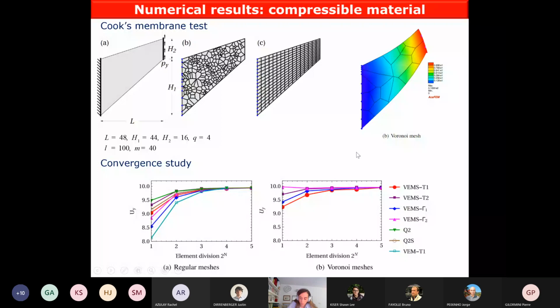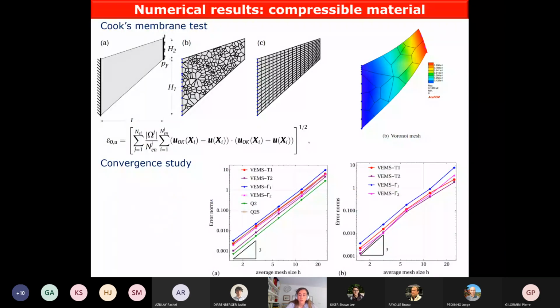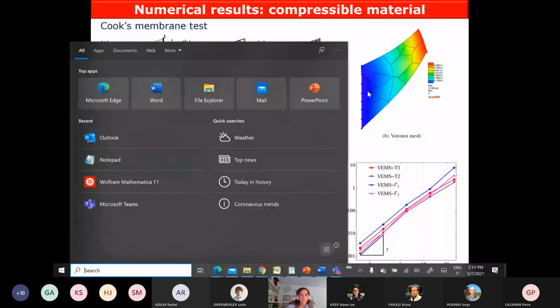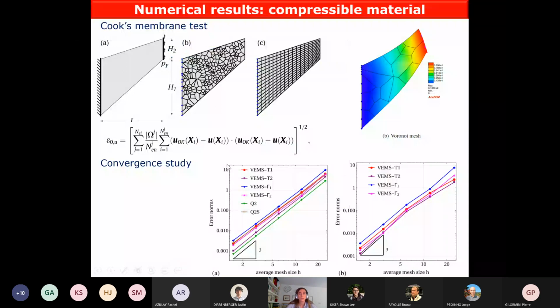Also for the Voronoi mesh, a very robust behavior and fast convergence is observed. A further study for evaluating the accuracy of the numerical solution concerned the evaluation of this norm, that is an L2 type global error measure that is obtained by extending to virtual elements what is done for a finite element.